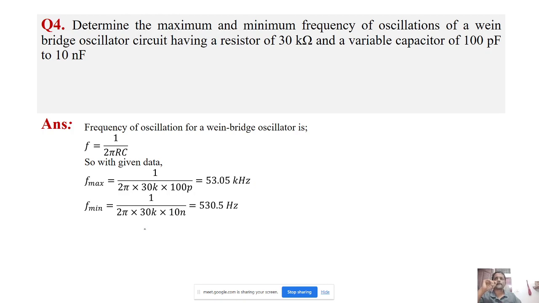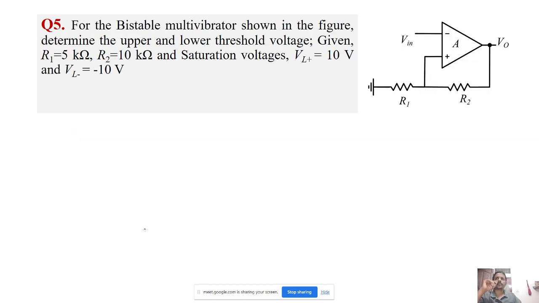Now coming to the fifth question. For a bistable multivibrator shown in the figure, determine the upper and lower threshold voltage. Given R1 equal to 5k, R2 equal to 10k, and saturation voltages plus 10 volt and minus 10 volt.